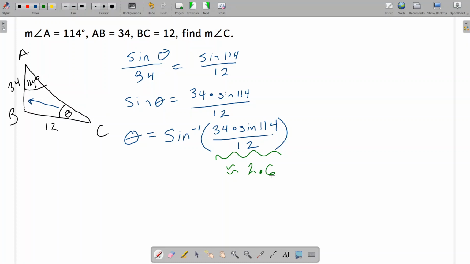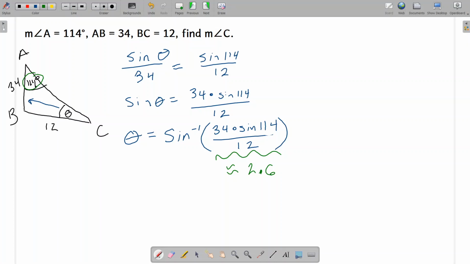So here's another way we can think about it. This angle of 114 degrees is across from a side length of 12. The side length of 34 is across from theta. Now, a bigger side length means that its opposite angle would need to be larger.